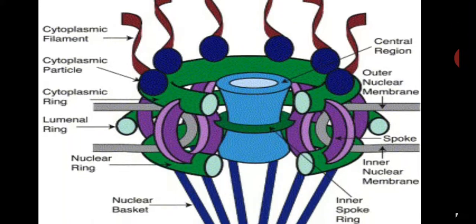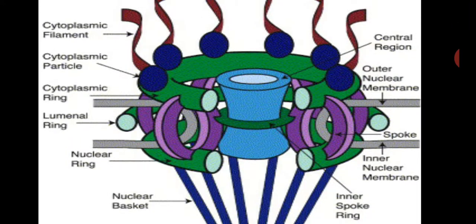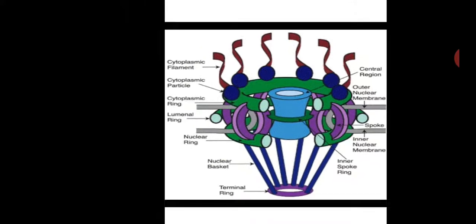So this is a typical nuclear pore complex, which can facilitate the bidirectional movement of proteins, ribosomal subunits, RNA and many other enzymes in an actively growing nucleus. So this is about the nuclear pore complex structure.